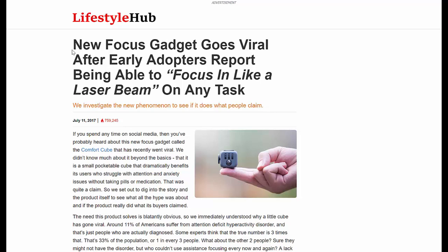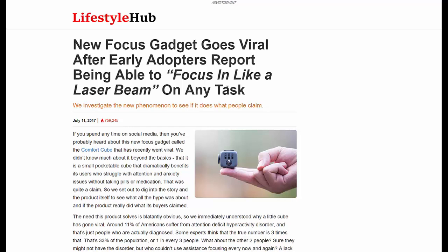Everything else is good. Good headline: new focus gadget goes viral after early adopters report being able to focus like a laser beam on any task. The way I found this advertorial was an ad in a dictionary. I was looking up words while I was writing a sales letter, and this ad was in a dictionary.